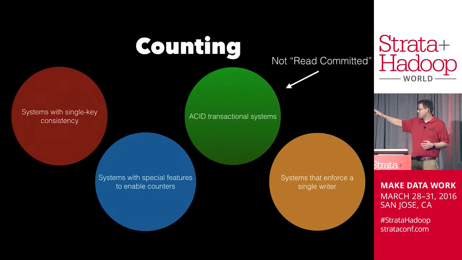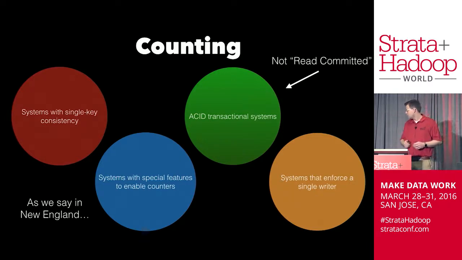However, if a system says it's ACID, and then you realize they can only support read-committed isolation, that doesn't help. So when you look for a system that says it's ACID, look at what levels of isolation it supports. When they say they can do this much performance, are they saying that under read committed, or under snapshot? In what kind of isolation model? And also systems that enforce a single writer can do counting.